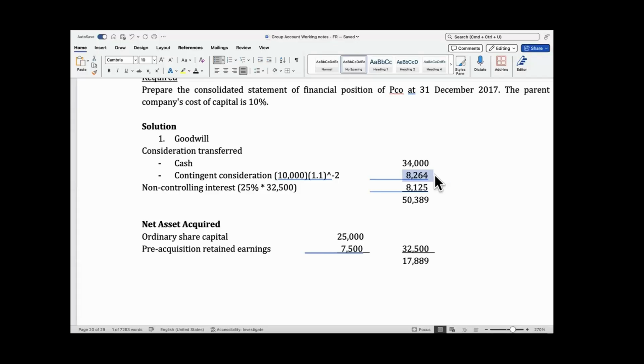And not only that, for this contingent consideration you don't do it, not only because of the explanation I've given, but because you are not paying any amount next year.